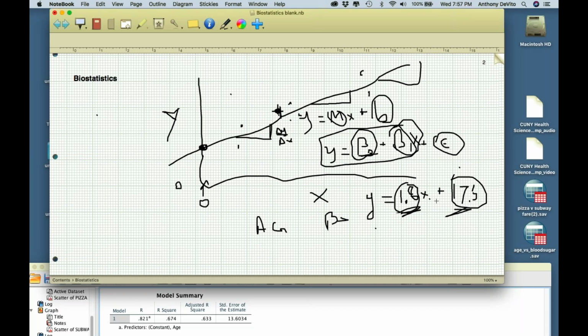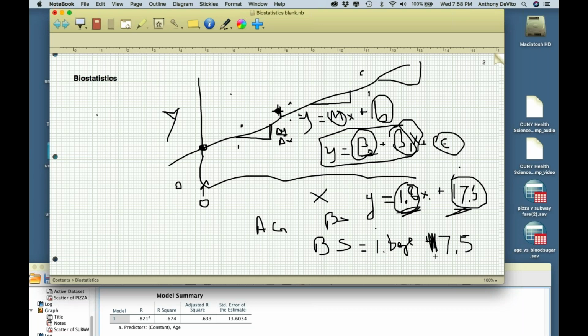I could rephrase this another way. Instead of y equals 1.8x plus 17.5, I could substitute what I'm really working with here: blood sugar is equal to 1.8 times a person's age, plus 17.5. I apologize for trying to do this with my finger while I'm holding down the trackpad.